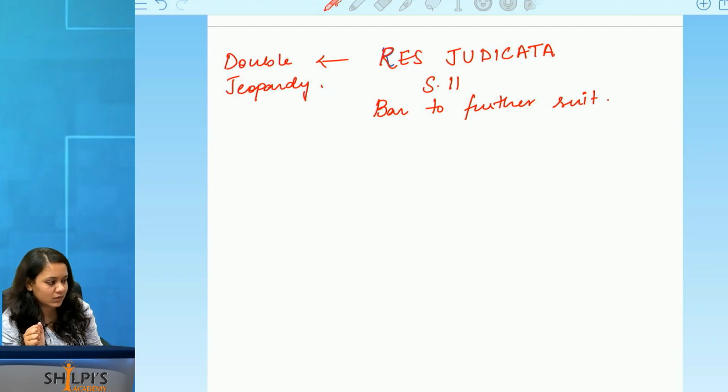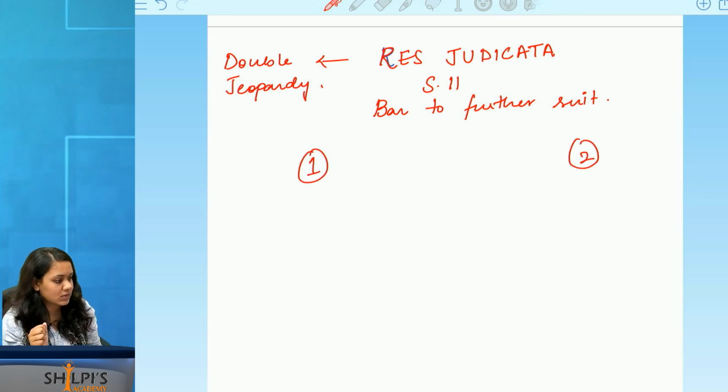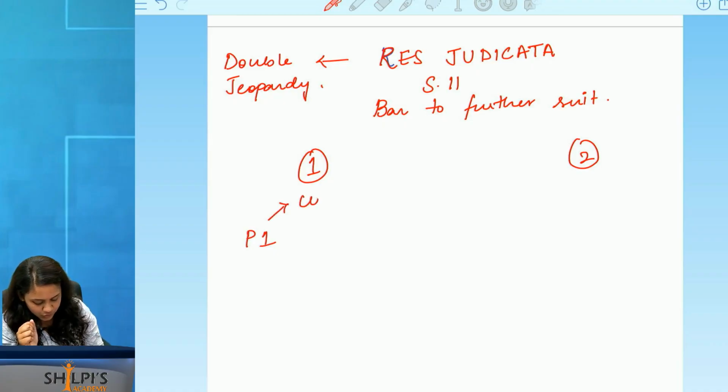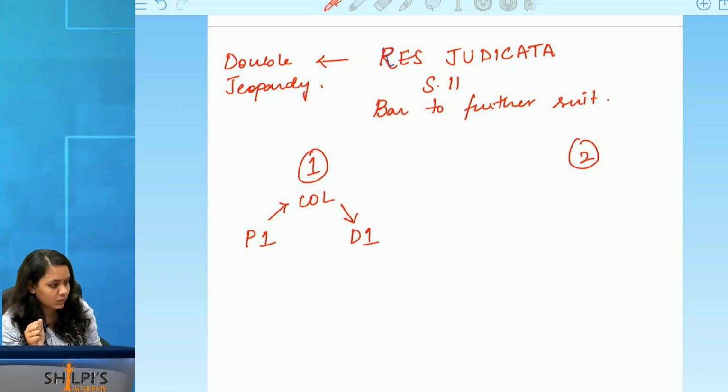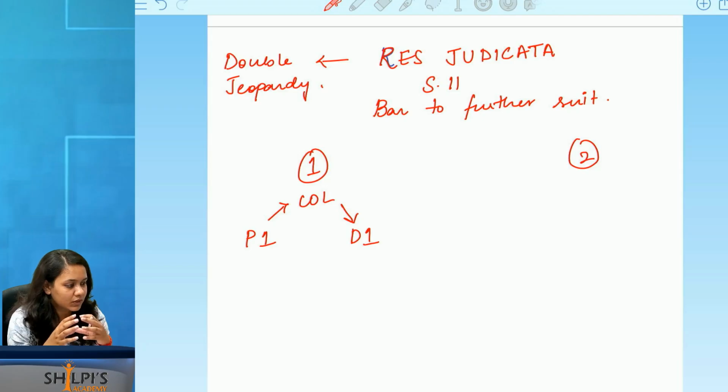In the principle of res judicata also, I want you to remember it from the concept of first suit and second suit. In the first suit also there is the plaintiff, I'll call him P1, approaches the court of law against defendant 1. Okay. Why I am writing defendant 1 is to simply get you to understand that they are the same parties.